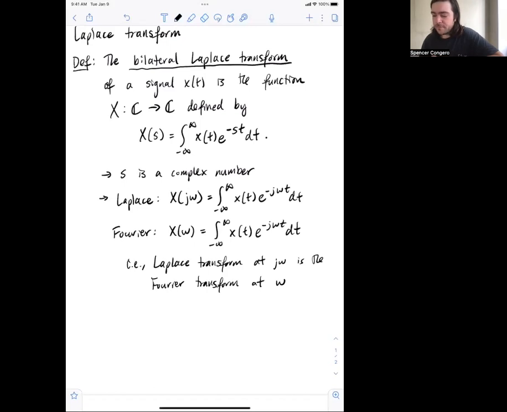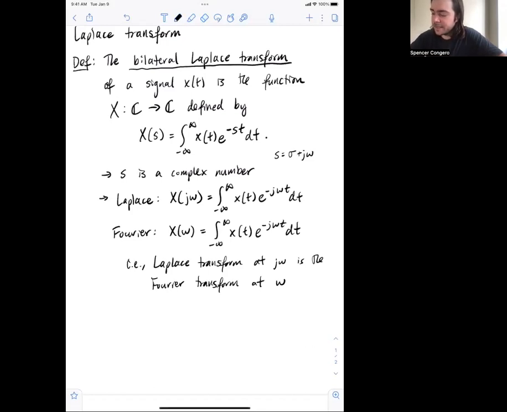But the Laplace transform allows us to do more because this s doesn't have to be just j omega. For instance, we often denote s as sigma plus j omega, where sigma is the real part. So now I have this extra variable sigma.